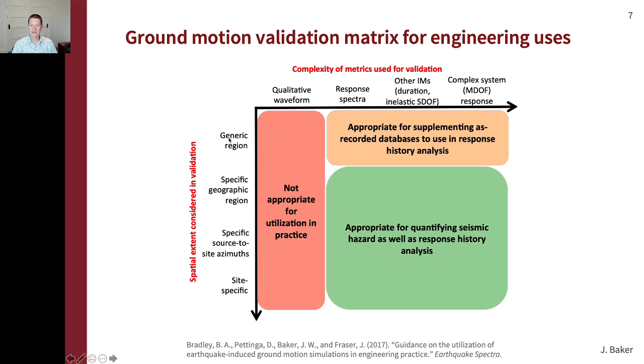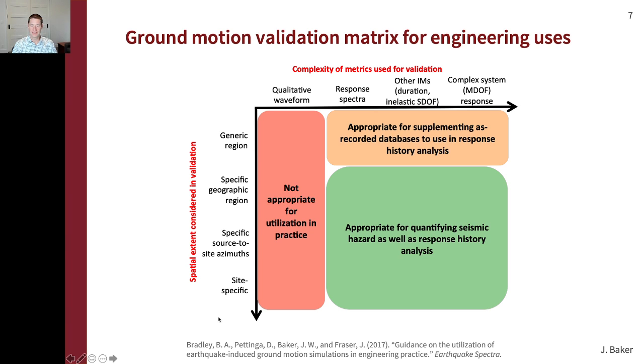And then down the left side, we have the context in which the validation was performed. So was it performed for just generic conditions, like a layered half space with a particular site profile? Was it performed for a specific geographic region or specific source-to-site azimuths? So that's bringing in 3D crustal velocity structure and the effect of things like sedimentary basins in a particular region.